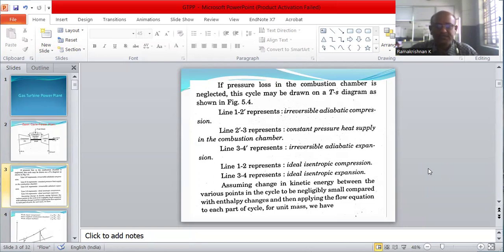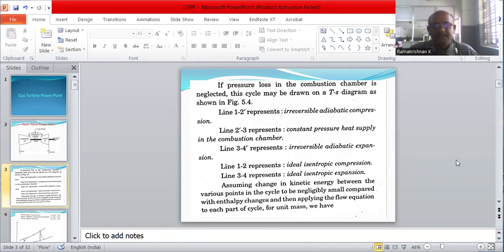So 1 to 2 dash is irreversible adiabatic compression. It is similar for the expansion. 3 to 4 is the ideal expansion process in the turbine, and the real expansion process is denoted by 3 to 4 dash, an irreversible adiabatic expansion.